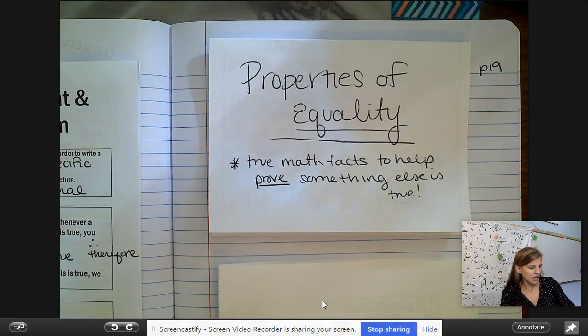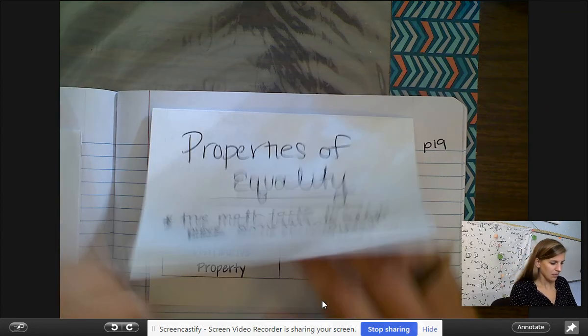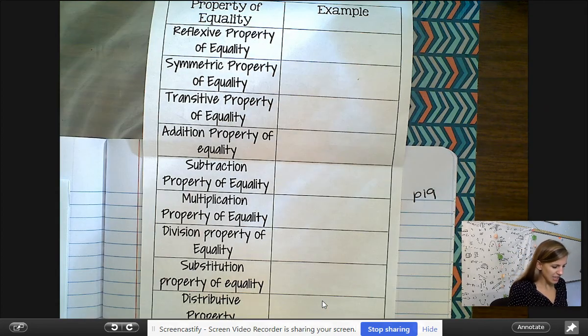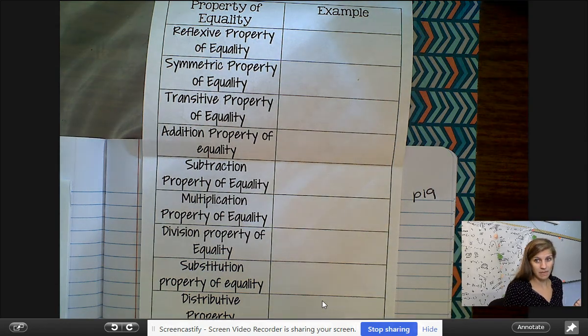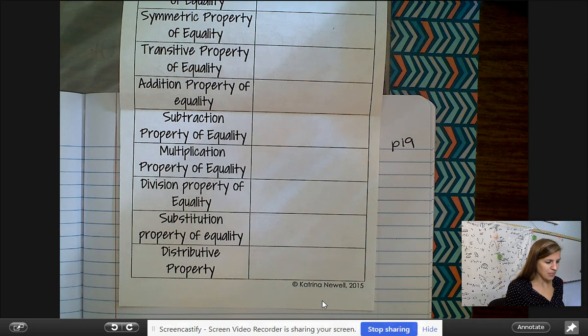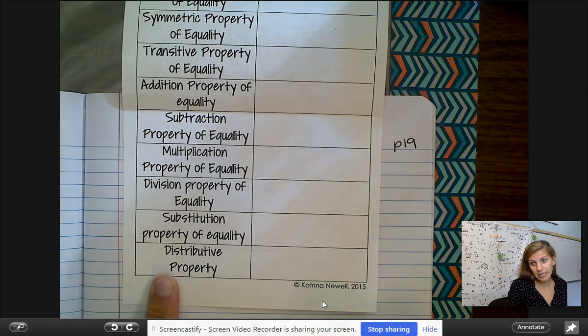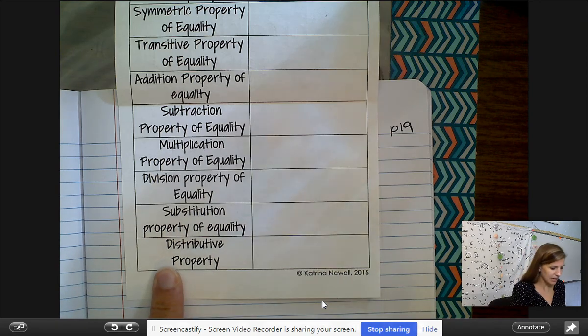Okay, so if we open this up, I want to work from the bottom up, because the bottom, we actually know some of those already. So the first property of equality that we have, or property math fact that we can use, is actually the distributive property. So hopefully you remember that. We've talked about that a couple of times.